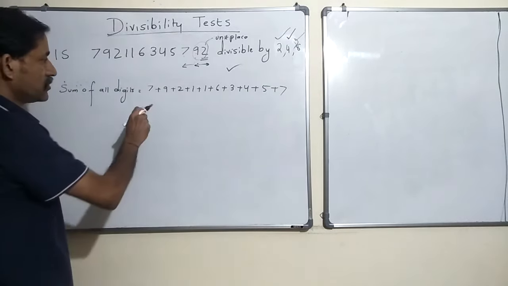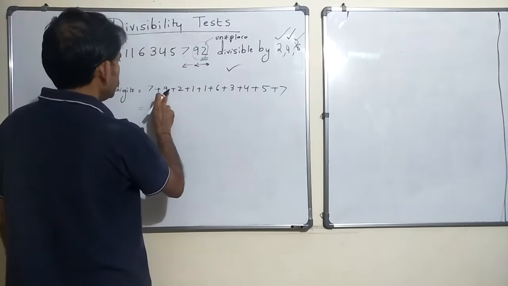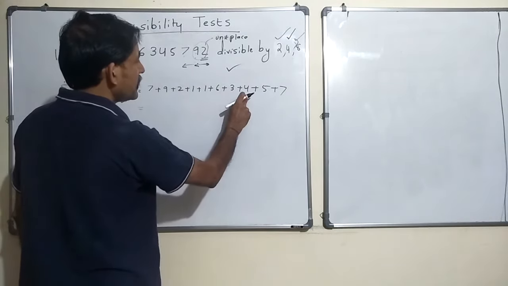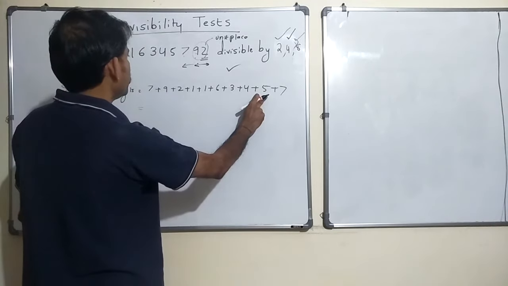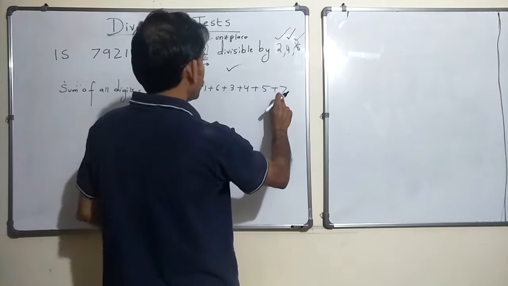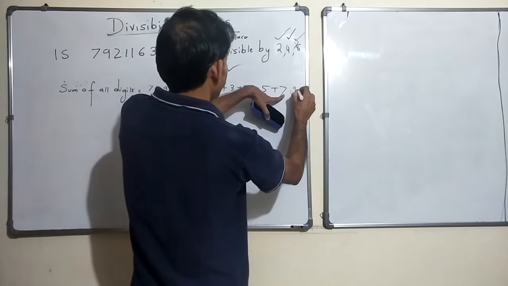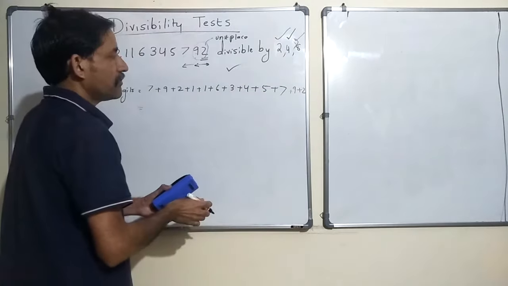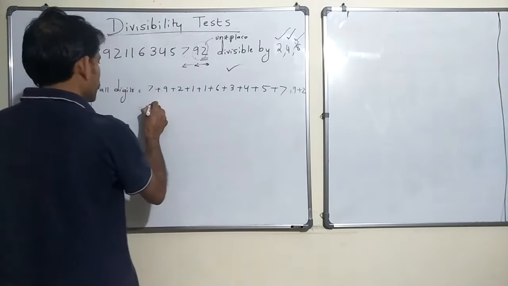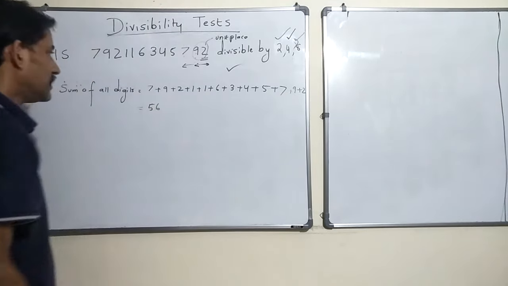How much does this come to? So this is 16, 17, 18, 19, 20, 26, 29, 33, 38, 38 plus 7, 45 plus 9 plus 2, 54, 56. I have considered all the digits.